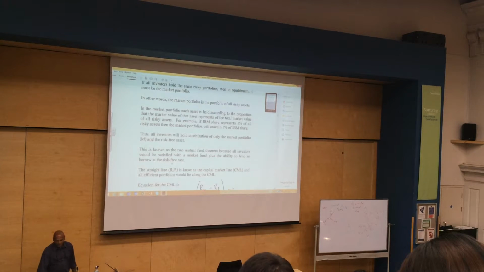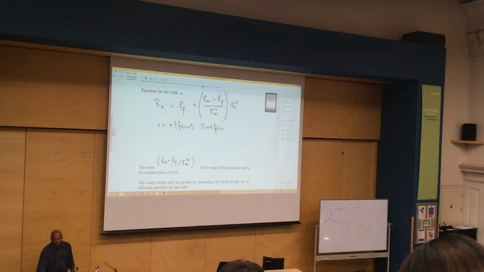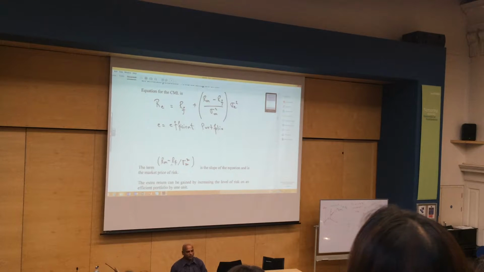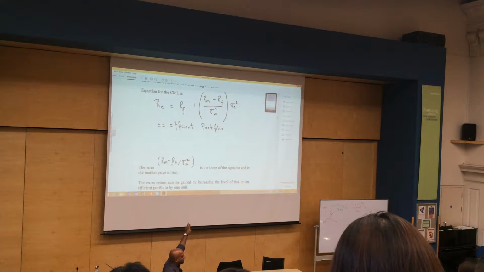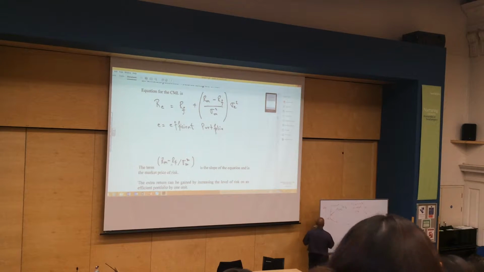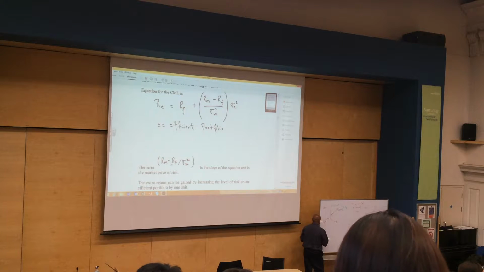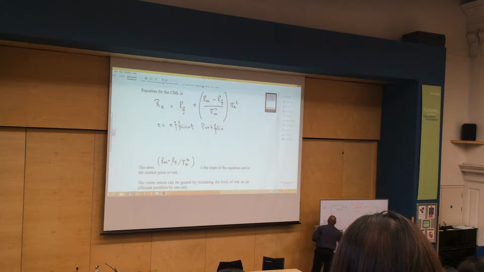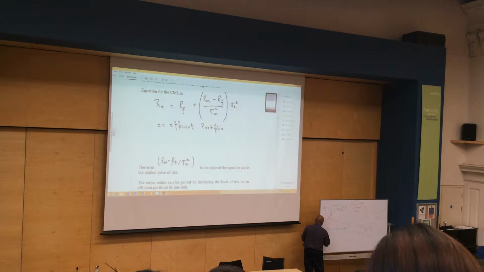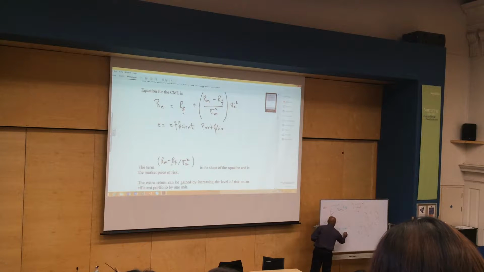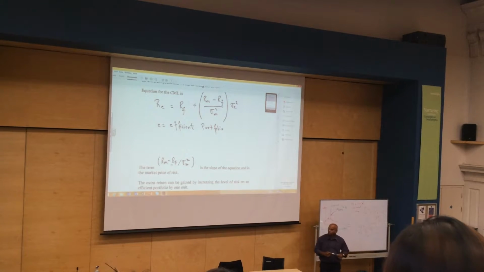Of course, they were not happy with this, and that's the equation for the capital market line. Rm is the return on the market portfolio, and sigma squared m is the variance or risk of the market portfolio.